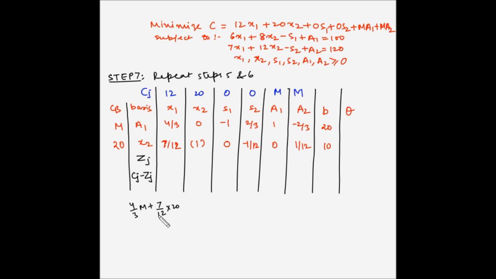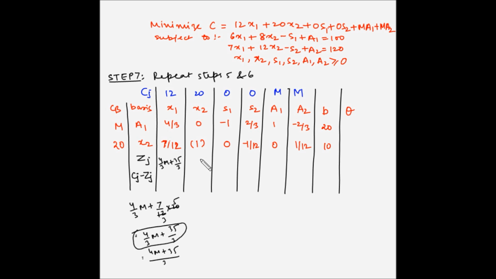So 4 3s are 12, 4 5s are 20. So this is 4 by 3m plus 35 by 3, 3 LCM, so 4m plus 35. But I will write it in this form just so it is easier to interpret: 4 by 3m plus 35 by 3.